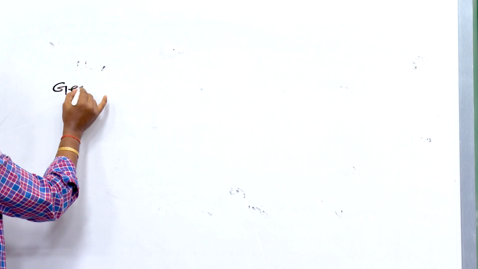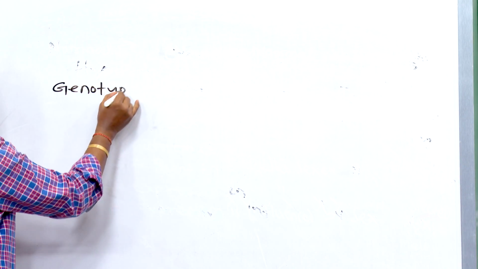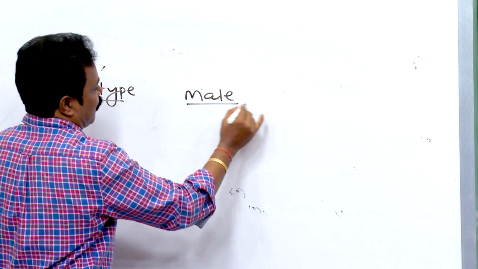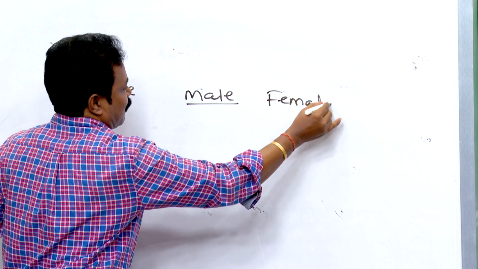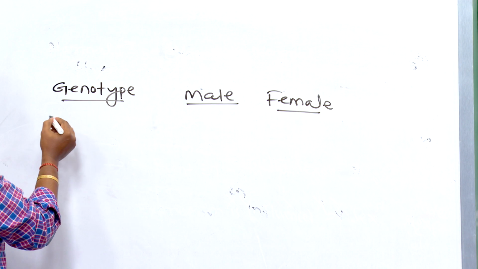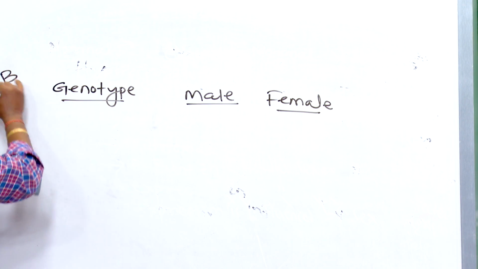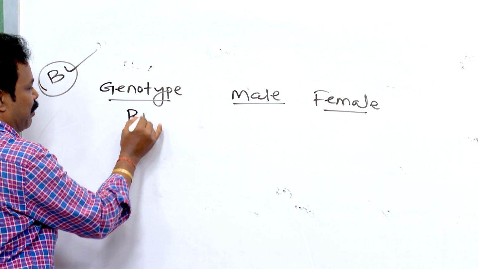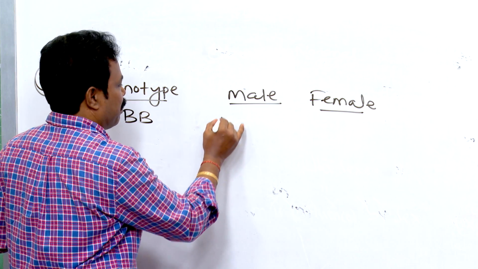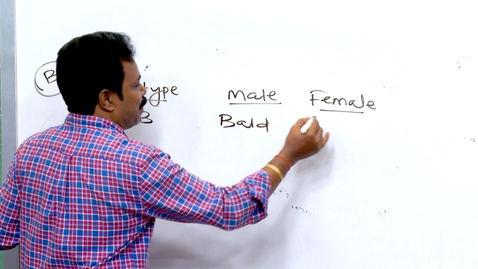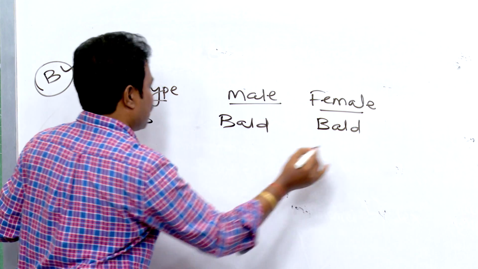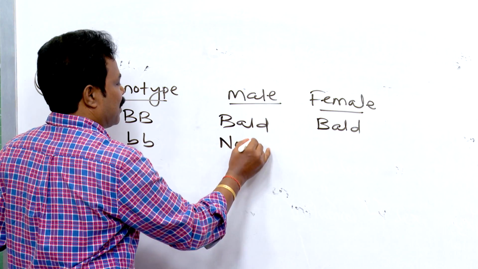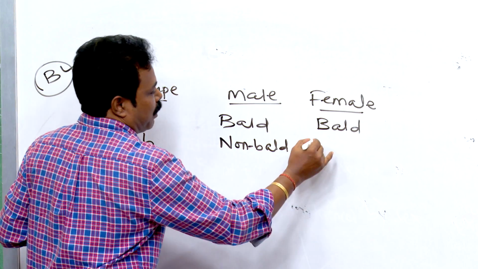Gene or genotype: the dominant gene capital B is responsible for pattern baldness, right? Capital B capital B, males are bald, females are also bald. Small b small b, males are non-bald, females are non-bald.